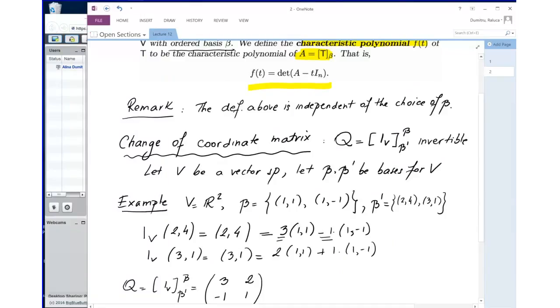The reason is that we've seen a while ago that the matrix associated to an invertible transformation has to be an invertible matrix, and the identity as a function is invertible, right? So this matrix is invertible since the identity is invertible as a linear transformation or as a function.